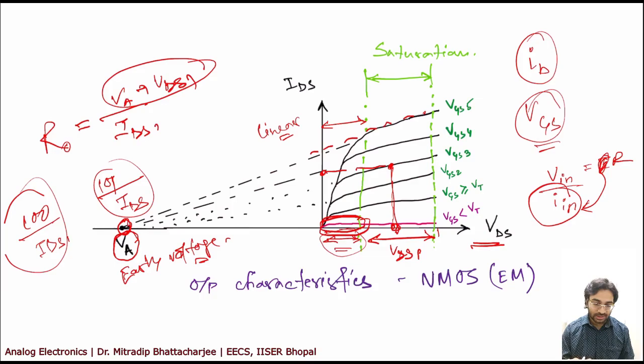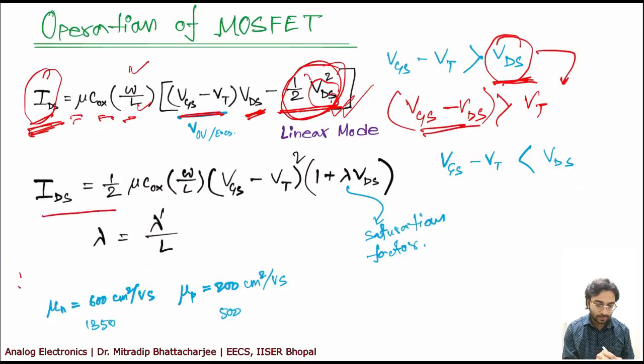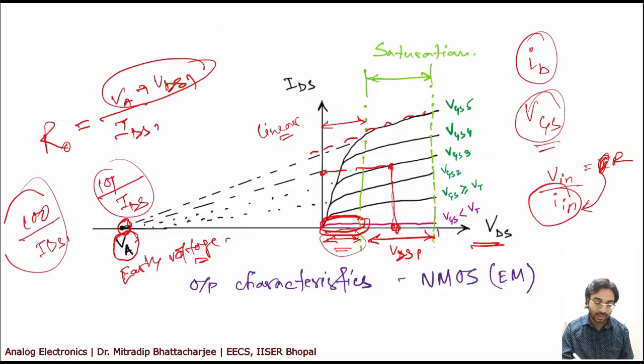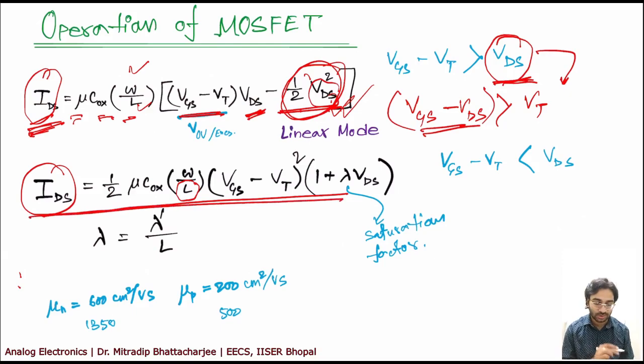And in that case, if you look at the equation, if your L is less, your IDS value is high. So as VDS increases, L is decreasing, your IDS will become high, and that's why you find a slope in the saturation region. So this is the equation for the saturation.